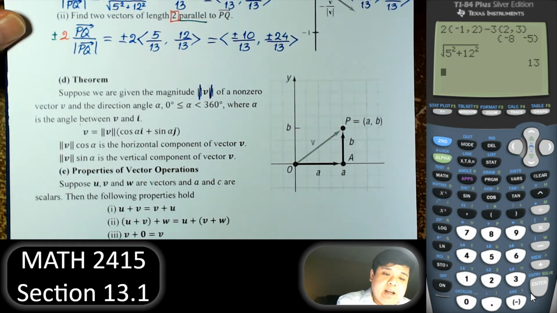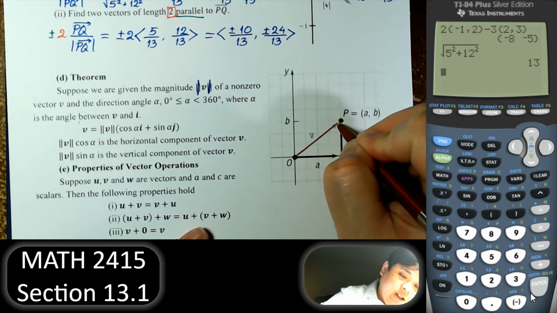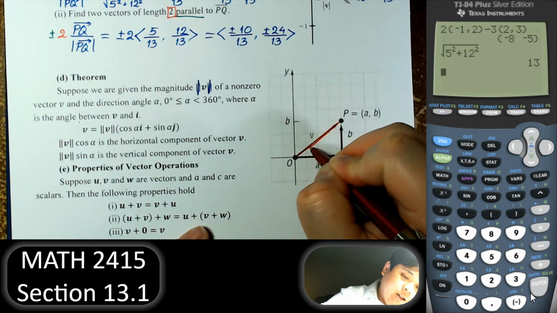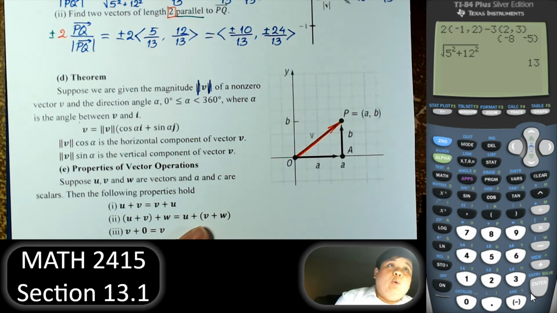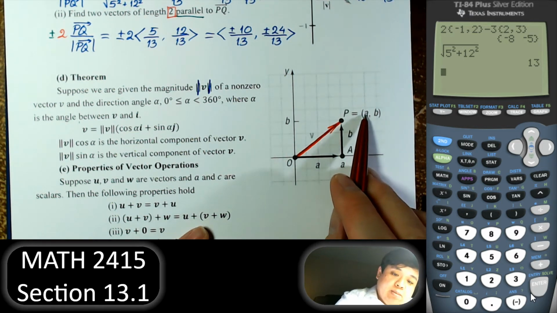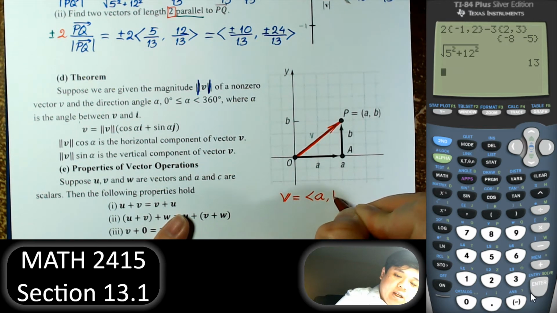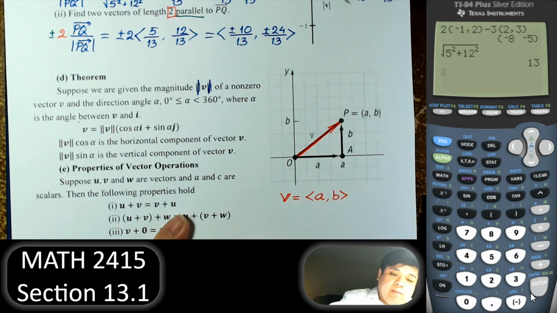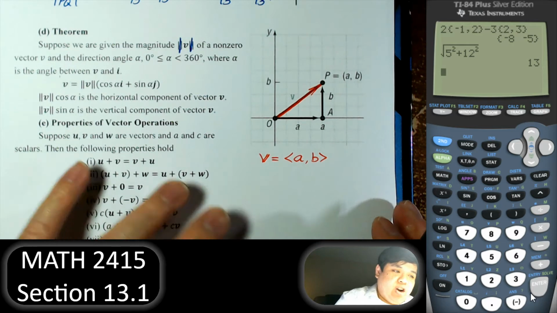But the thing is, when we have the vector v in that direction, it will be decomposed into 2 components. This is a and b, but we can say the vector v will have 2 components of a and b. And only that, we have some basic trigonometry here.